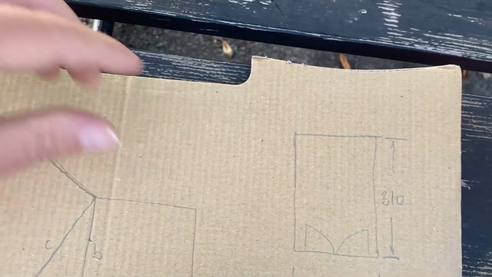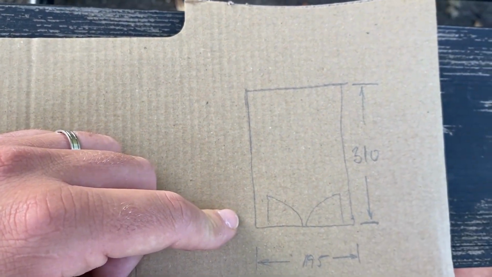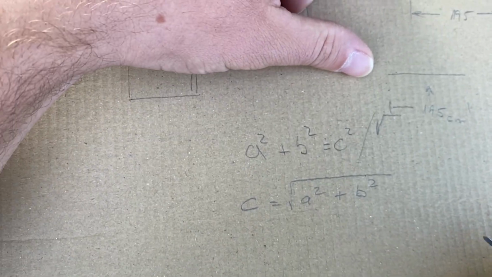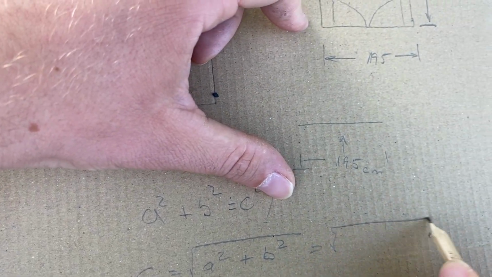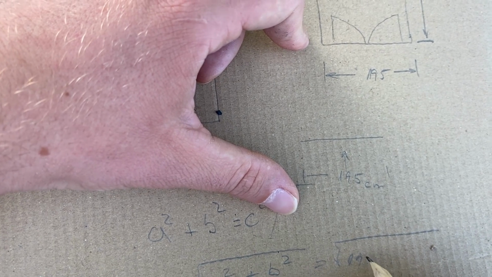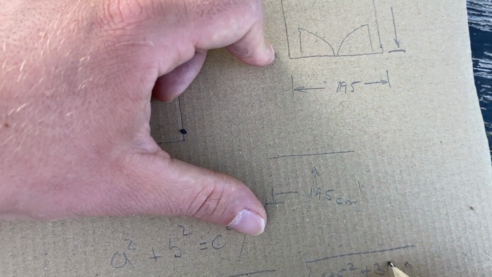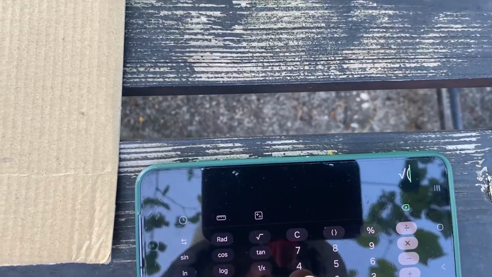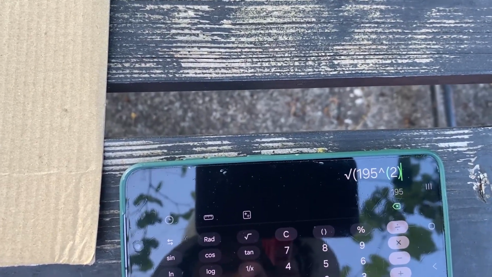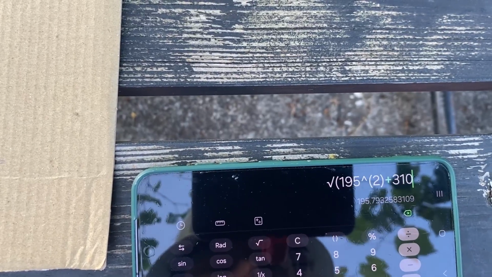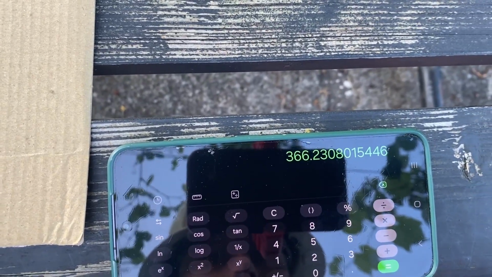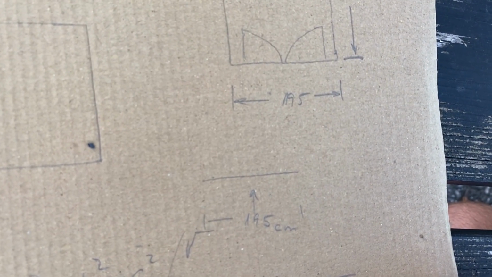So I want to determine the diagonal. If I use this formula, it is the square root of 195 squared plus 310 squared, which equals 366 centimeters.